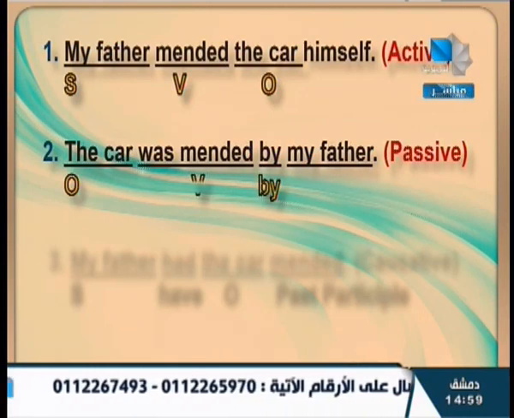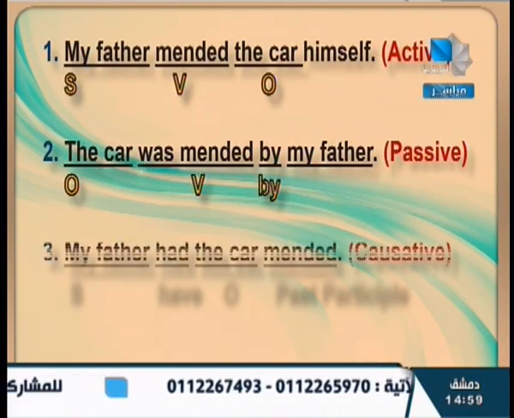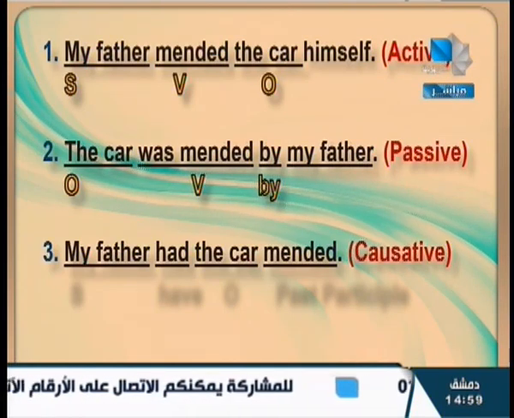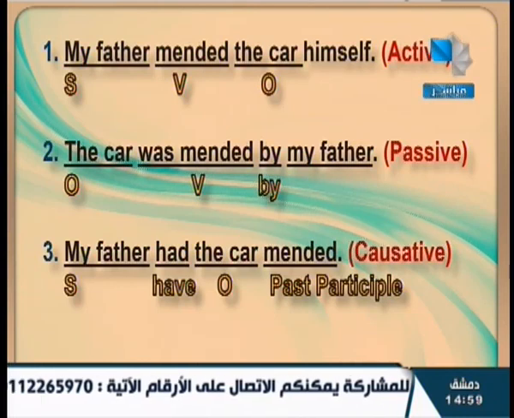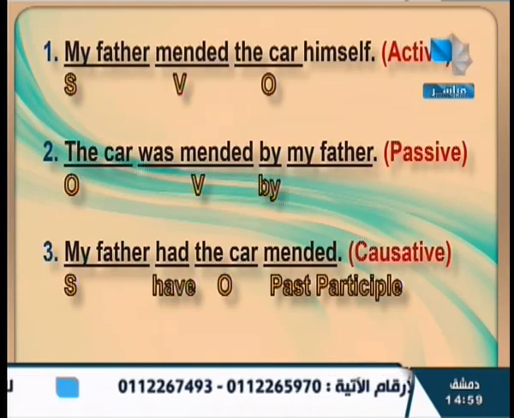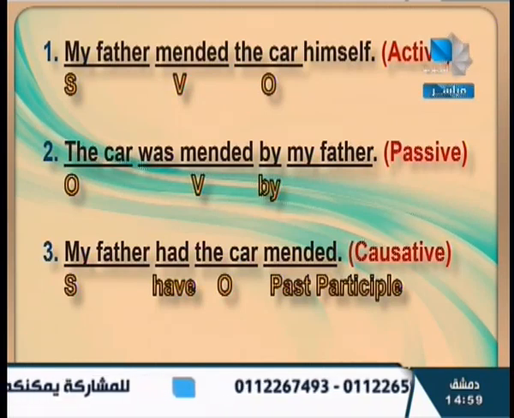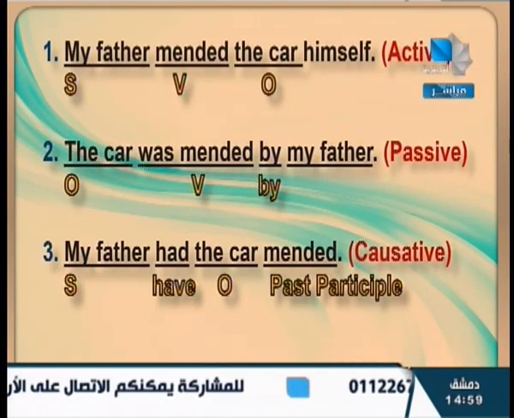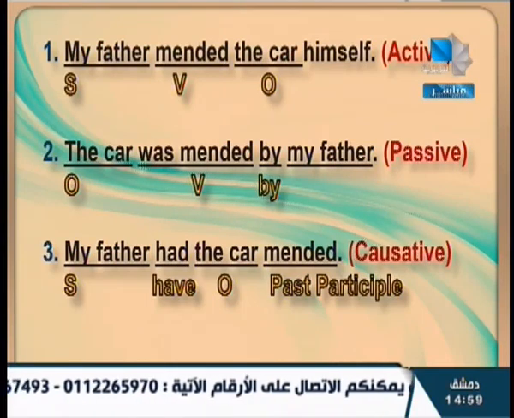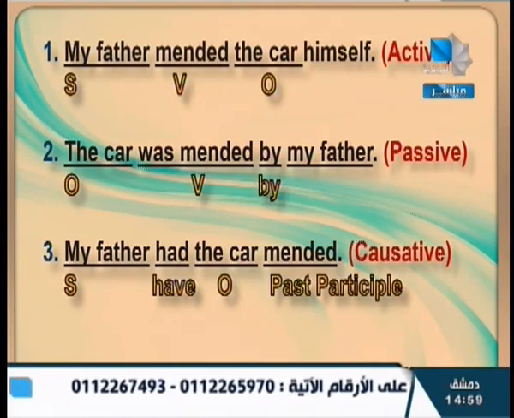The sentence tells us what happened to the subject. And the last one, my father had the car mended. It's a causative sentence that we will explain now. My father asked someone else to mend the car, but he didn't do the action himself. Maybe he asked someone to do it for him.